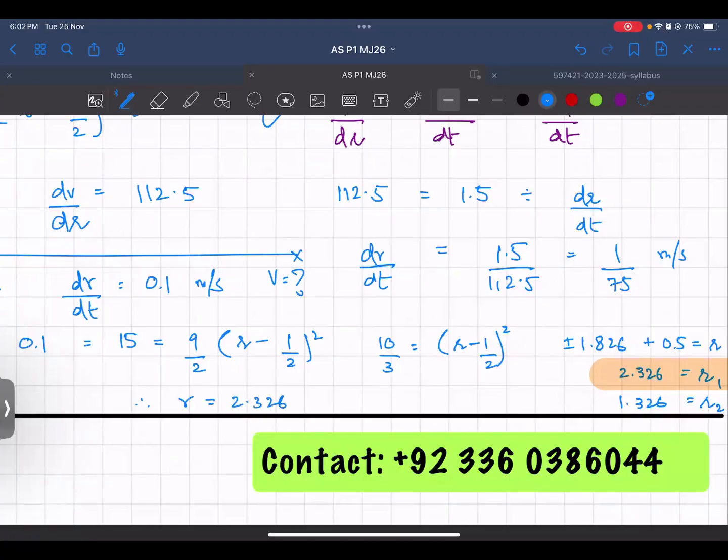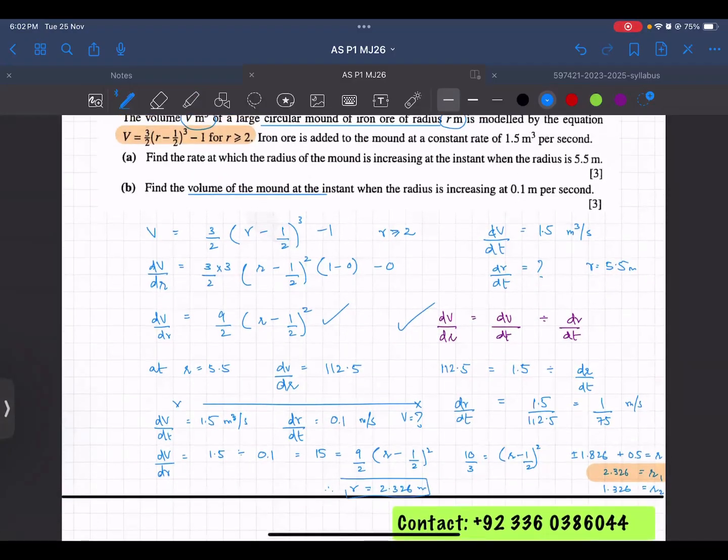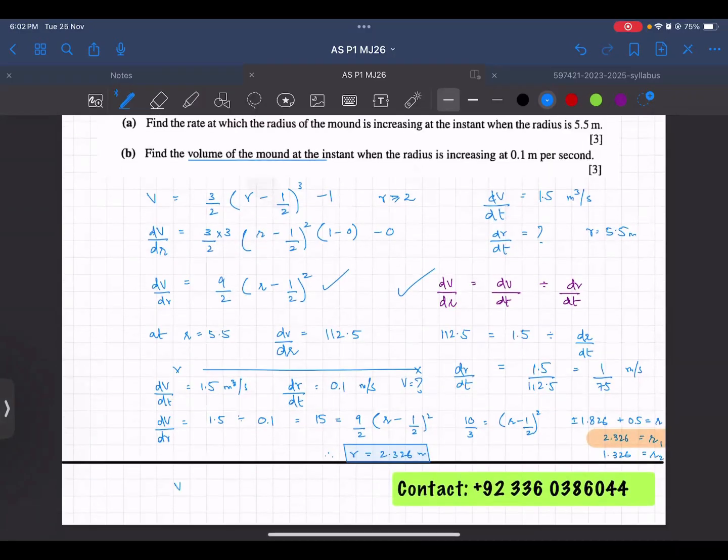But the question is still not complete. They are asking you to find the volume. We have the radius. How will you find the volume? We can use the original function again. So the volume will be equal to, we don't have the space, 3 upon 2, radius is 2.326 minus 1 whole cube minus 1.